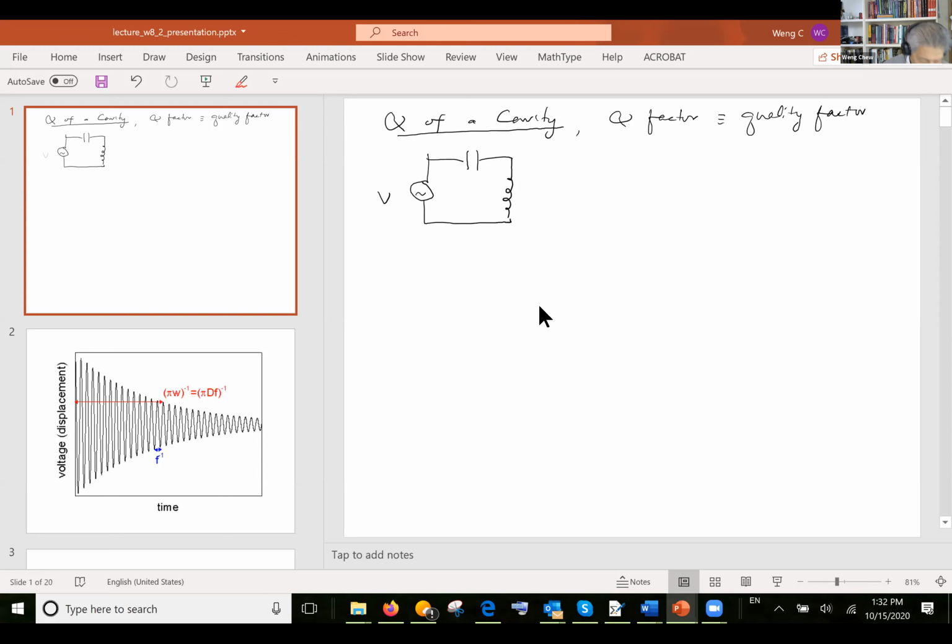so if we drive this circuit with the voltage source, you can use phasor technique to analyze this thing very easily.